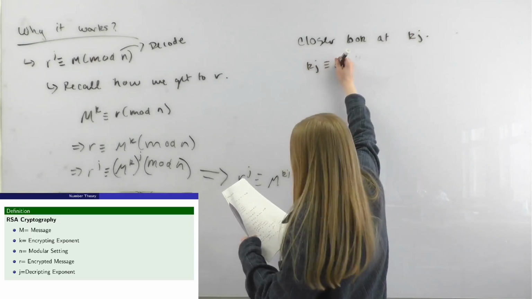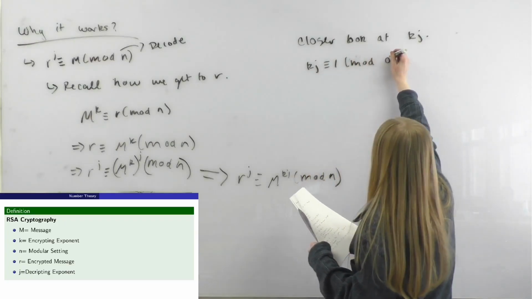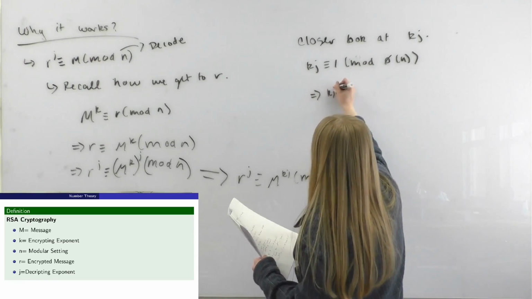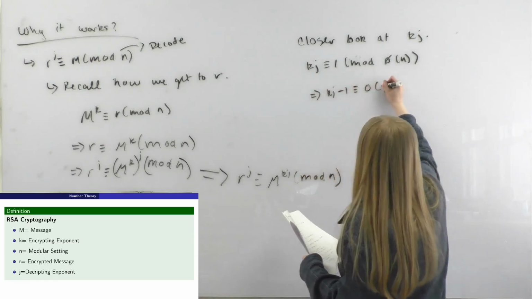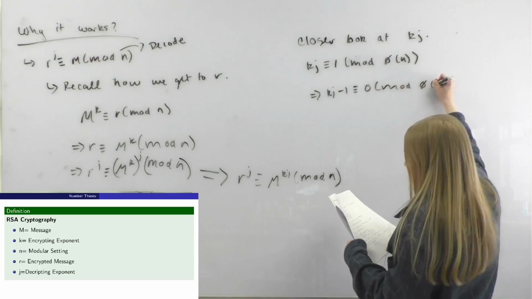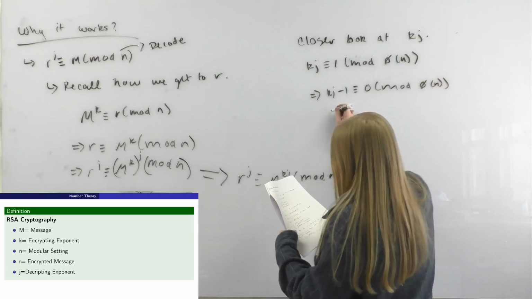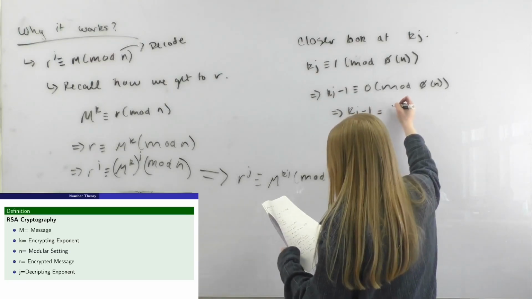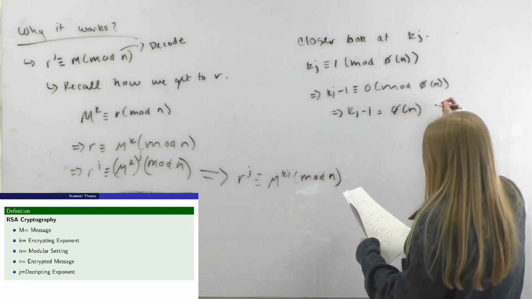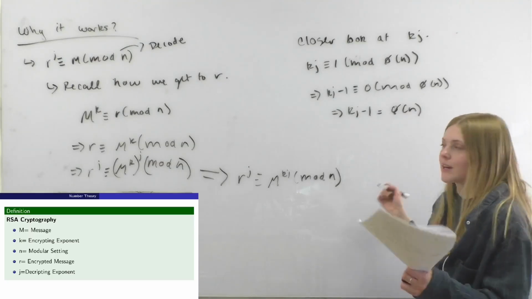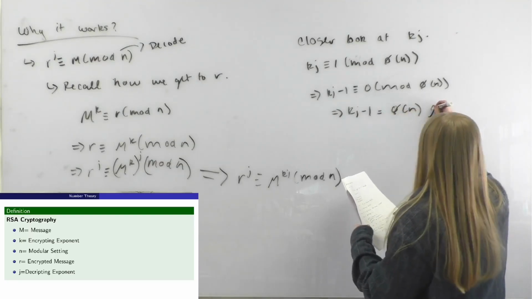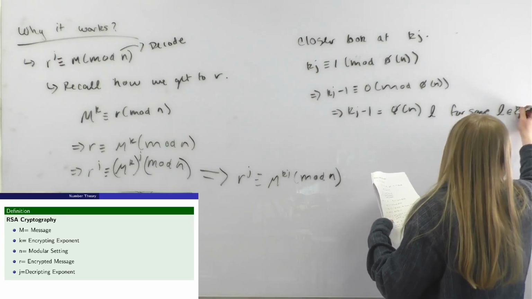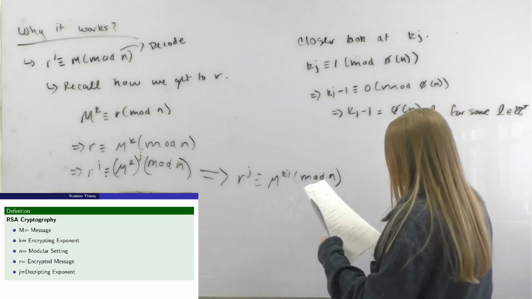Kj is congruent to 1 mod phi of n. We know this implies that kj minus 1 is congruent to 0 mod phi of n, which implies that kj minus 1 is equal to phi of n times L for some L in the positive integers.